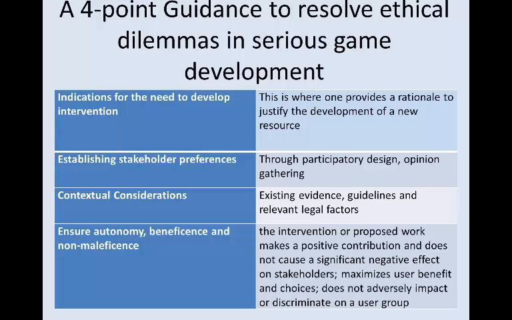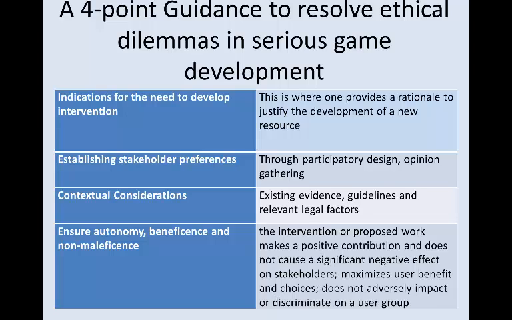Last but not least, it's important to ensure autonomy, beneficence, and non-maleficence. Autonomy is protecting the freedom of the user and other stakeholders, but the user's autonomy takes precedence in this case.